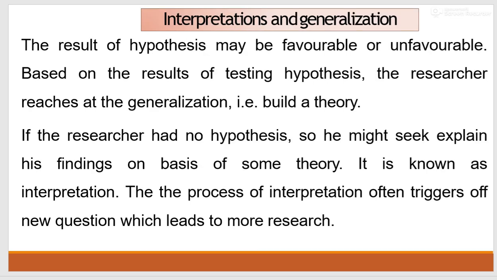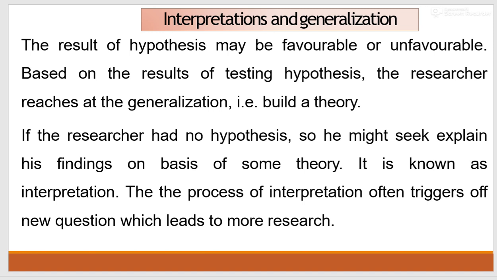Once the hypothesis is tested, the next step is interpretation and generalization, meaning drawing the conclusion. The result of the hypothesis test may be favorable or unfavorable. As we have seen in our previous slide, a hypothesis can be accepted or rejected depending upon the results obtained.